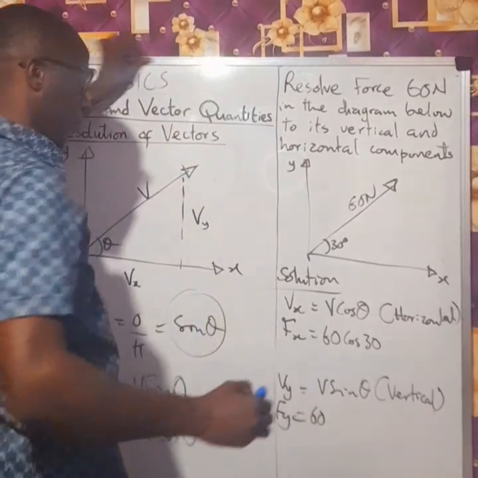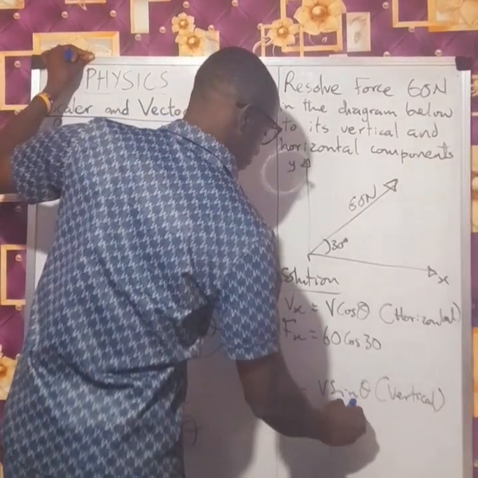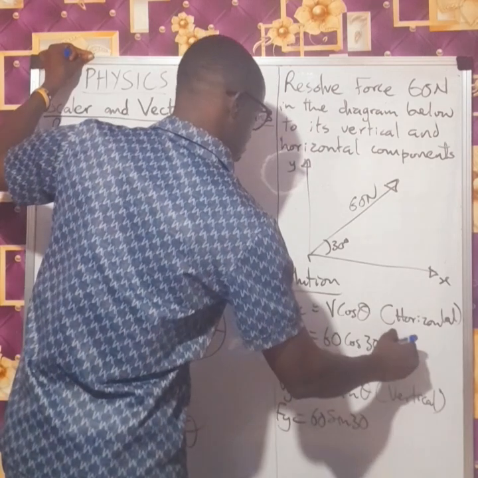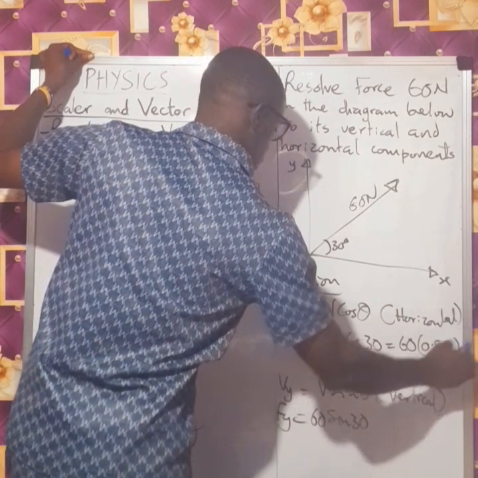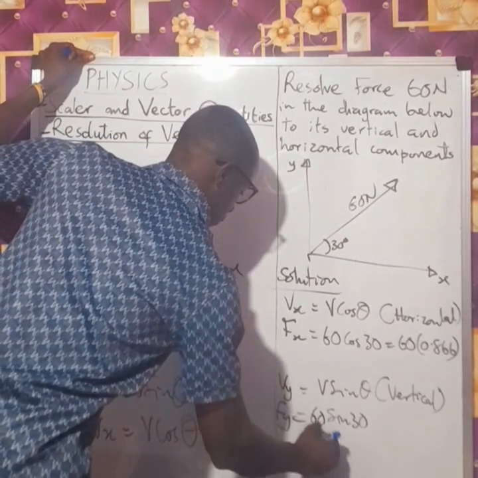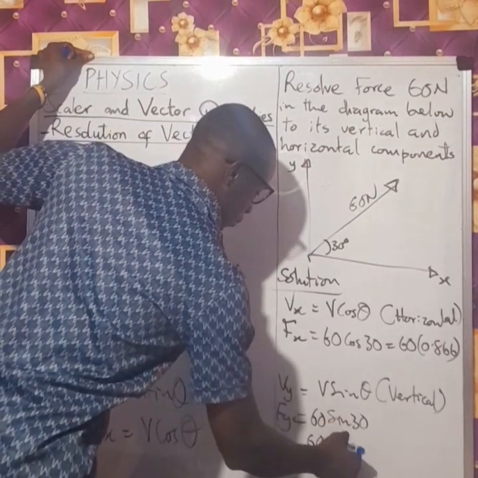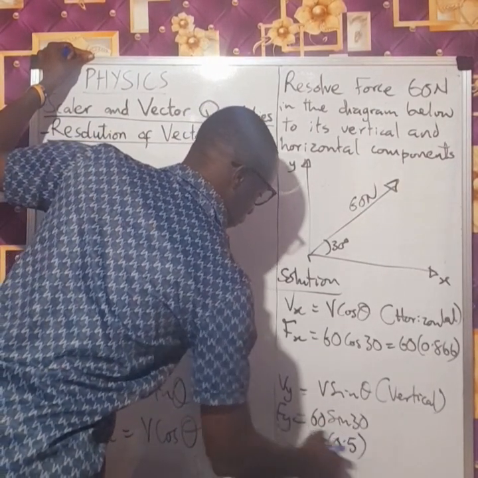Fy equals 60 sin 30. This is equal to 60 times 0.866, and 60 times 0.5.